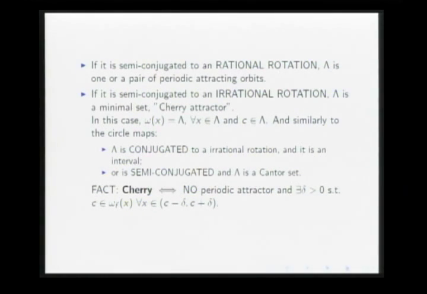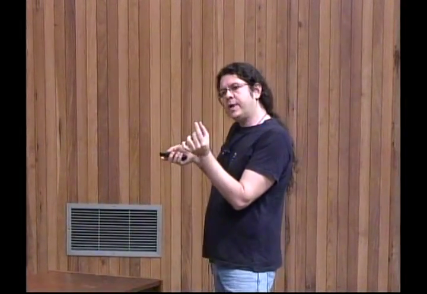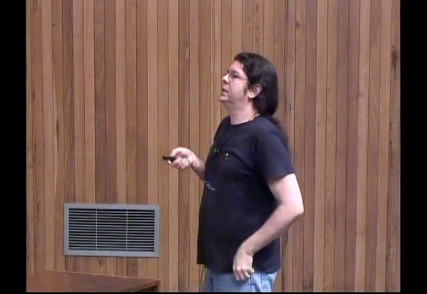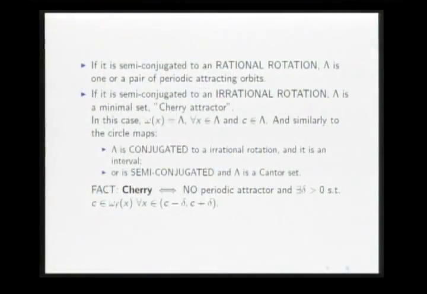And when you have a Cherry attractor, then you don't have a periodic attractor, and there is a neighborhood of C, of the critical point, in which everybody will eventually come close to the critical point. Okay, C will be in the omega limit set of all the points x in the neighborhood of the critical point. This is characteristic of Cherry maps.